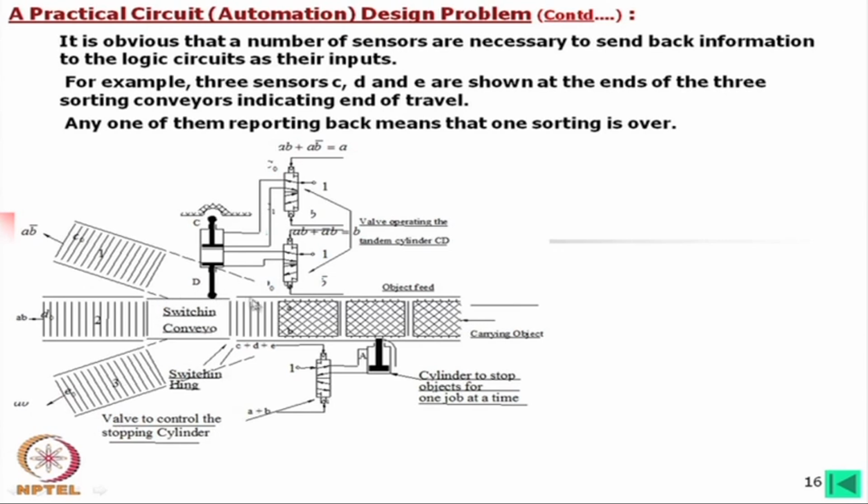Now, let us consider two consecutive items having A B bar identity. Then it is like that when this is passing through this conveyor, only then this will be allowed to enter here.